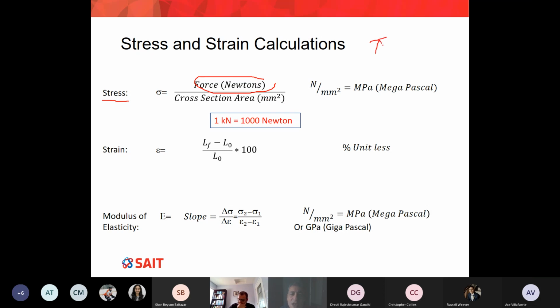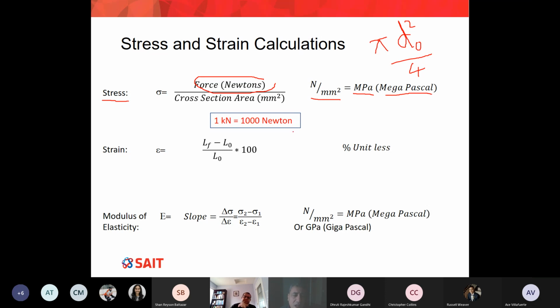It's simply pi times D node square divided by 4. This is the cross-section area. If you divide the force by the cross-section area, you will get the stress in MPa or megapascal, which is equal to Newton per millimeter square.